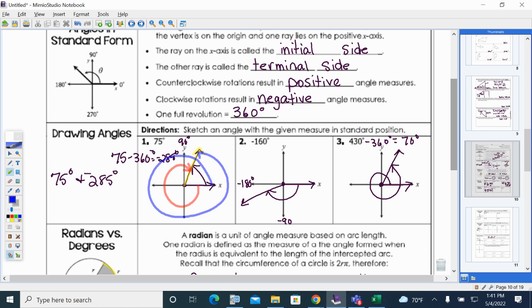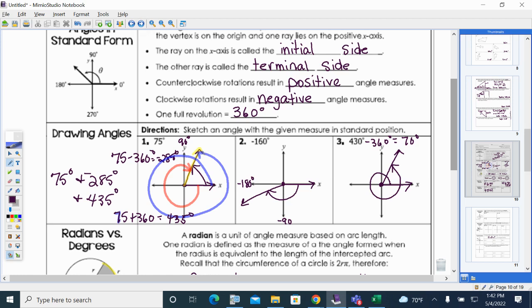So to find that angle measure, it would be 75 plus 360. So if I take 75 plus 360, I'm going to get 435 degrees. So 75 degrees, negative 285 degrees, and 435 degrees all have the same terminal side, but we just added and subtracted 360 to get to another angle measure.